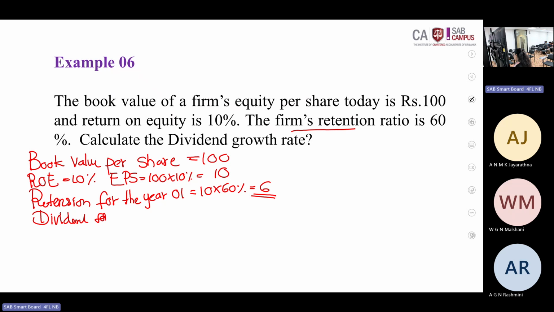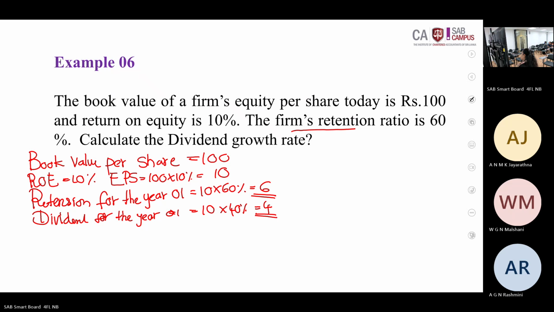Dividend for the year 1, 10 multiplied by 40%, that is 4 rupees. All these are for the first year.